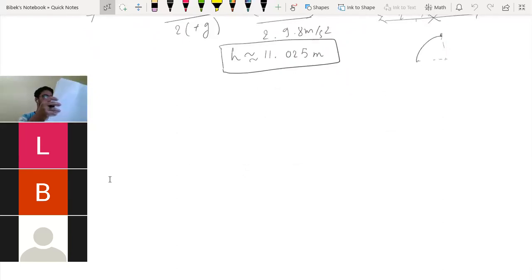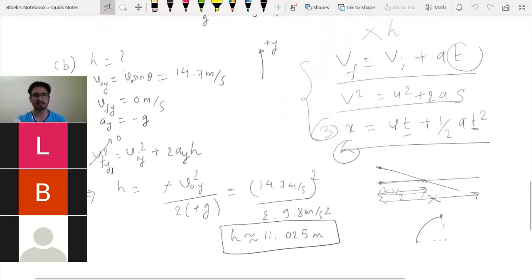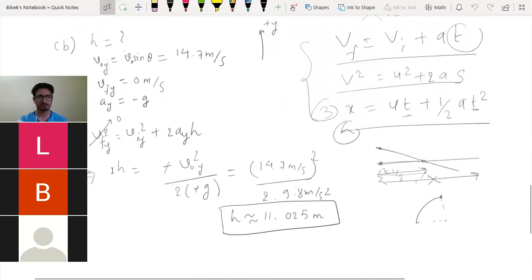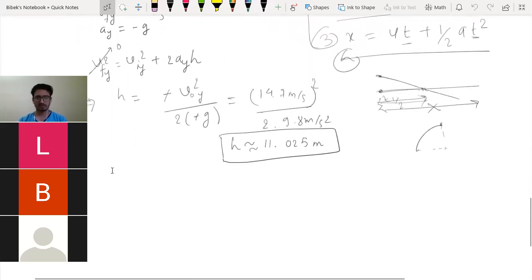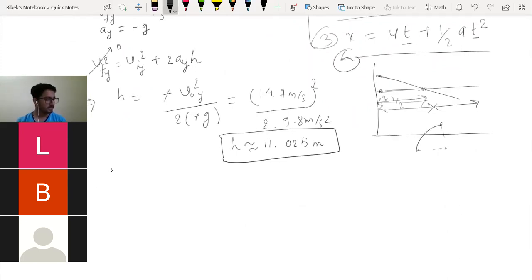One more thing. We can do this graphically as well. I did it using the equation of motion for number V, but we can do it graphically. If you look at the Y component graph, the first one, that's the Y speed, the Vy versus time graph.